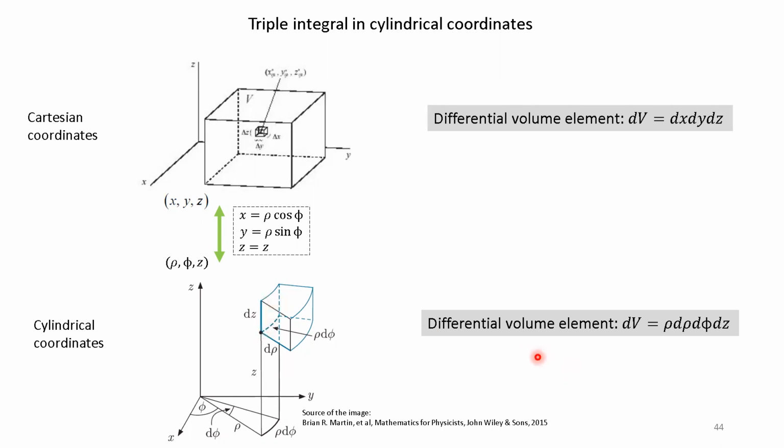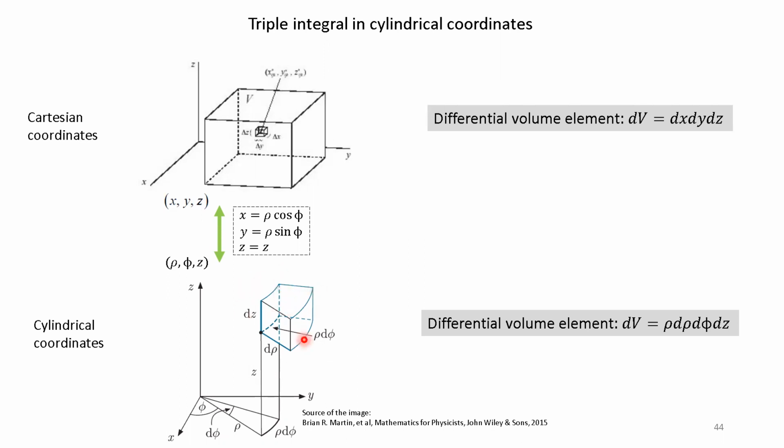So that's why my dV is given by rho d rho d phi dz. Okay. So again, just like in polar coordinate, although you can see that this is not really a rectangle, as we consider this very small, when we calculate the area of this surface, we simply use the formula for the area of a rectangle.